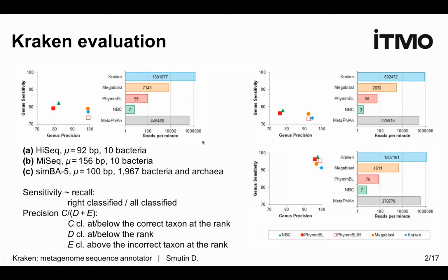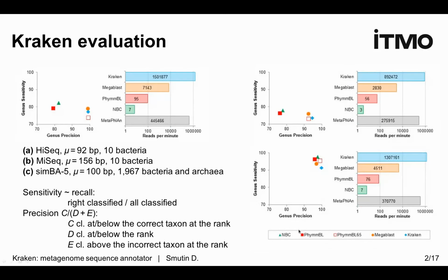A similar situation is with the MiSeq generated reads, and it is really different with the simulated approach based on really a lot of bacteria with much higher abundance of the common species. So we see there that the sensitivity is really high.